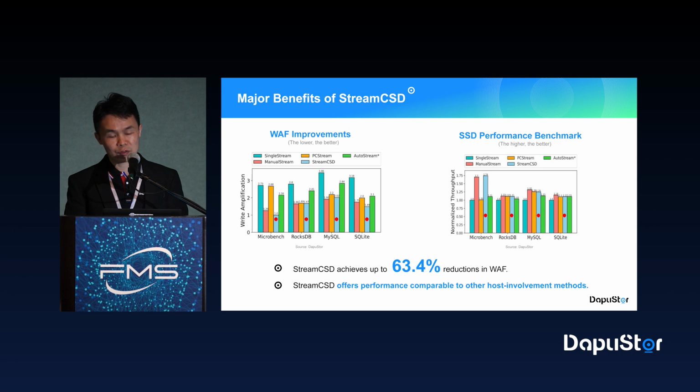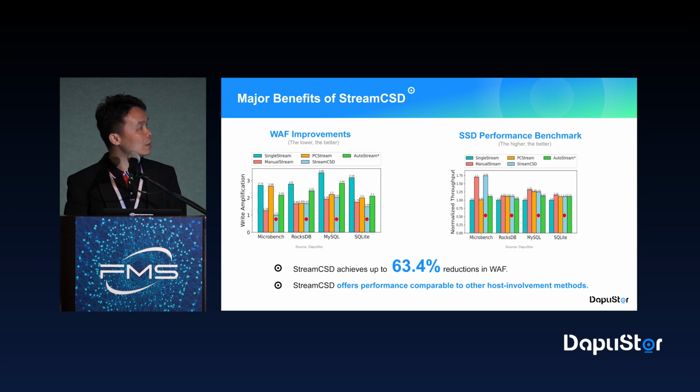Major benefits of Stream CSD. Of course, we have done many comparisons between Stream CSD and its counterparts, including single stream, which is a conventional SSD, and other streaming methodologies like auto stream or manual stream. We can see that the WAF, the write amplification factor, was very good in many data applications, including Microbench, RocksDB, MySQL, or SQLite.